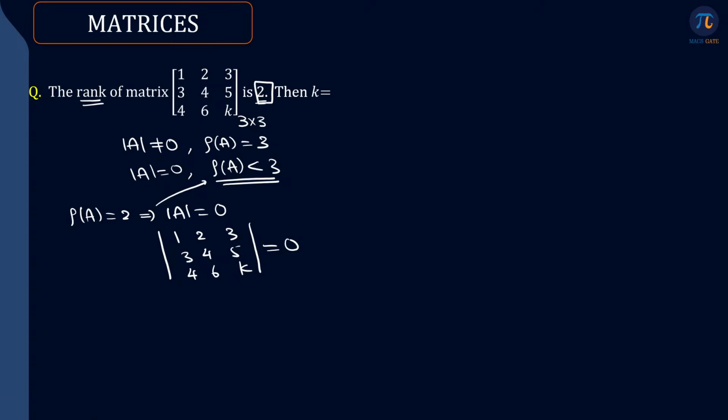And you can find the value of k here. So how to find the determinant, sir? The determinant is 1 into its cofactor: remove the column and remove the row, 4k minus 30.